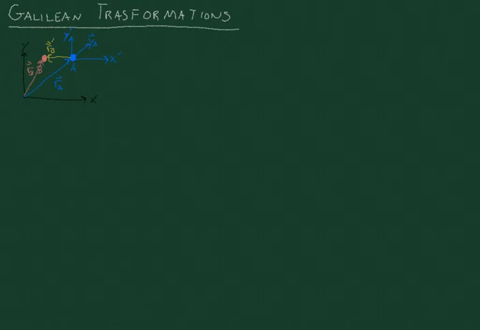Okay? So again, just adding vectors, we know that RB is equal to RA plus RB prime.